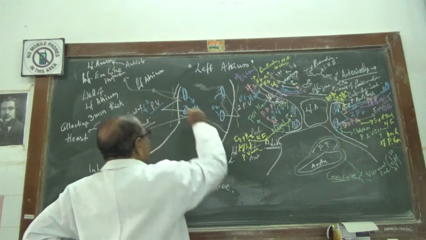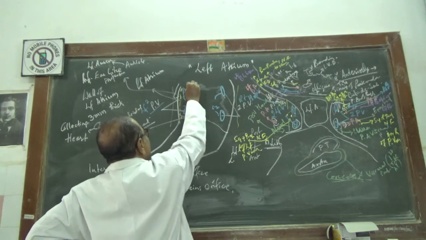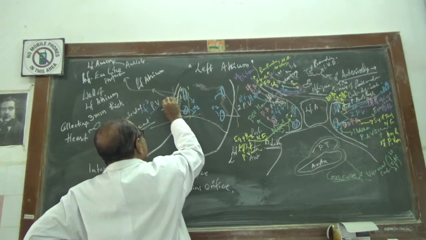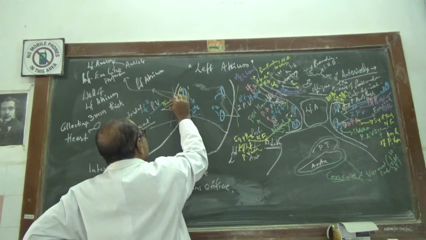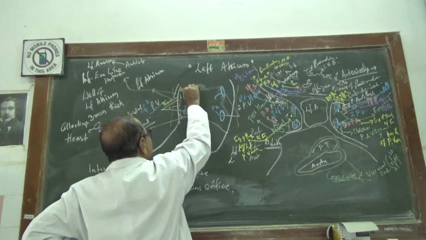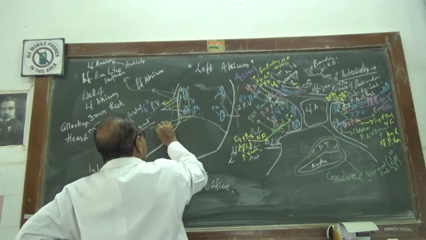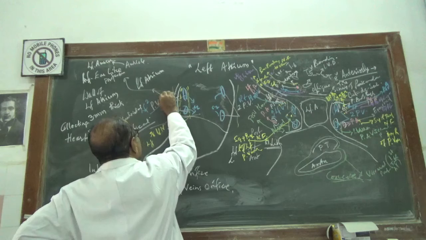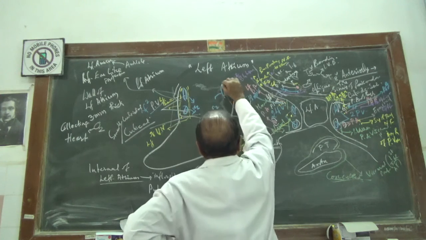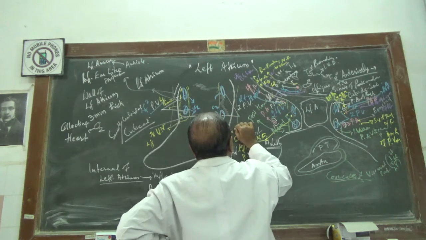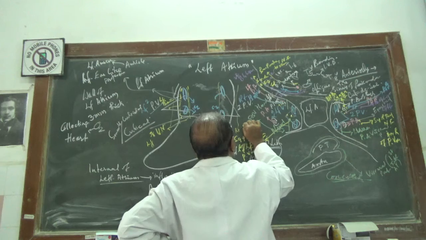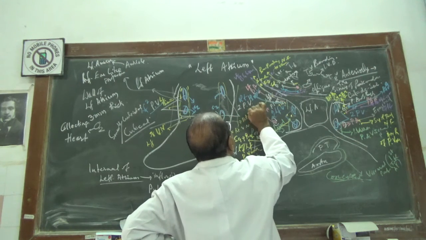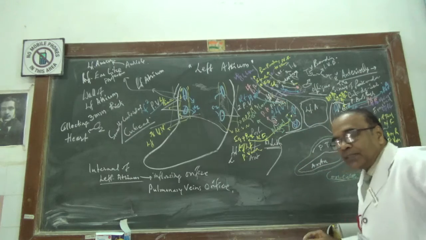In front of these two pulmonary veins on either side, you will be having a phrenic nerve, and behind this there will be the vagus nerve of left and right.